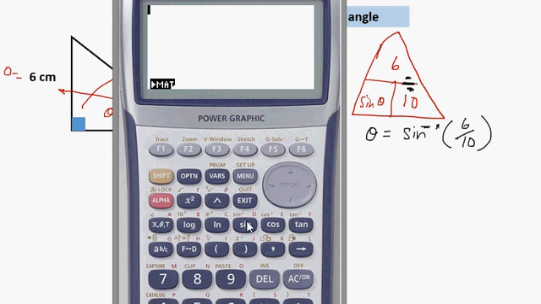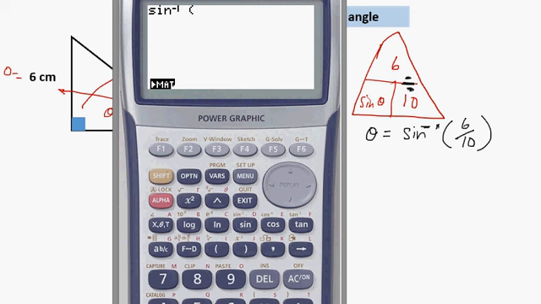Now to activate the inverse we have to press shift, so shift and sine, so you will have something like sine with a -1 as a power.